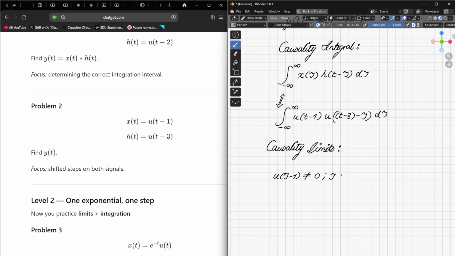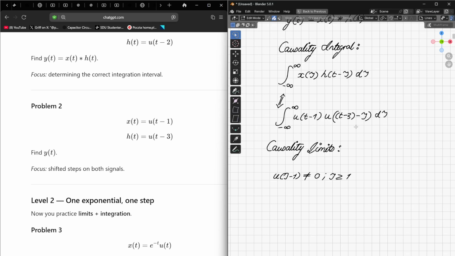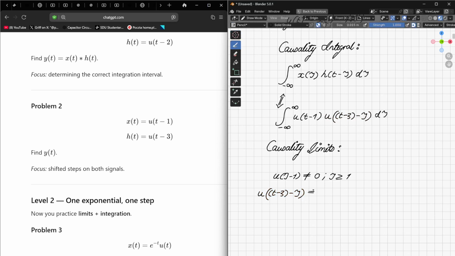So you need to go up 1, right? So greater than or equal to 1. And then this one here does not equal 0 when tau is lesser than or equal to t minus 3, right?